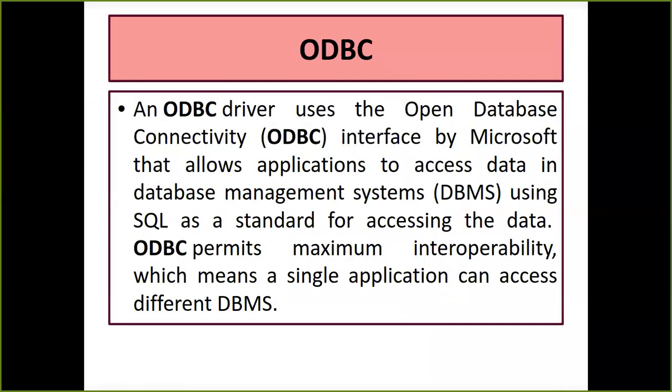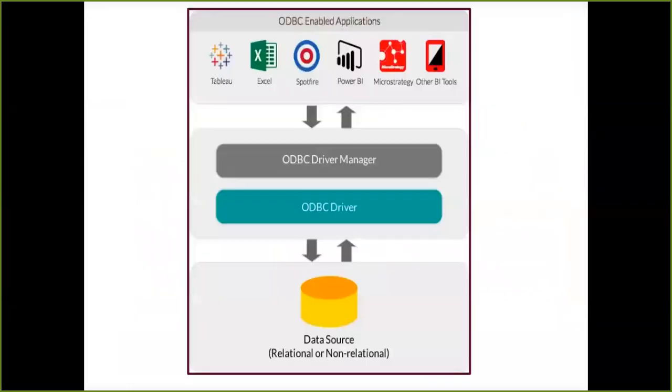And then we went through the ODBC driver. ODBC was there before JDBC, and ODBC was basically meant for all types of databases. The difference I told you is that n number of applications can send data to the database, either relational or non-relational, it doesn't matter.